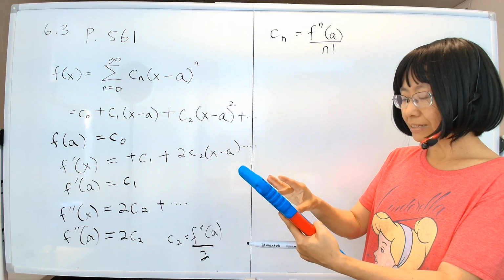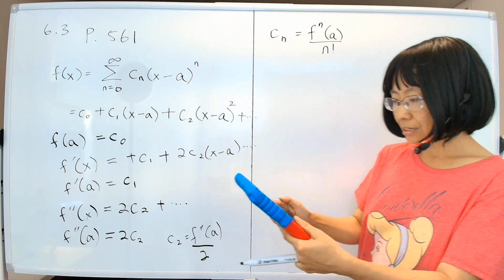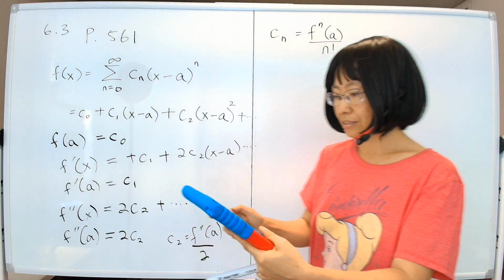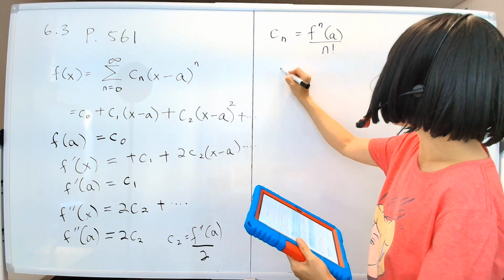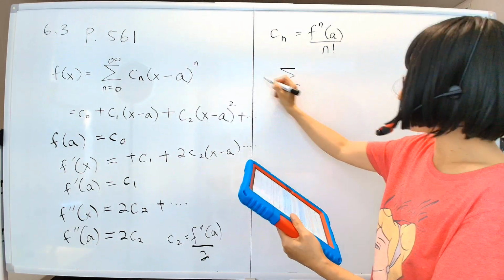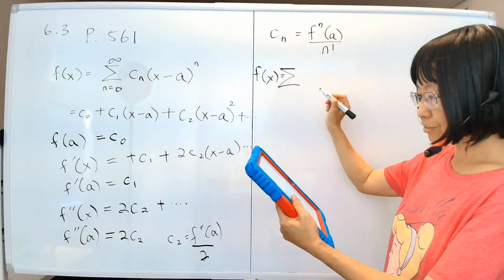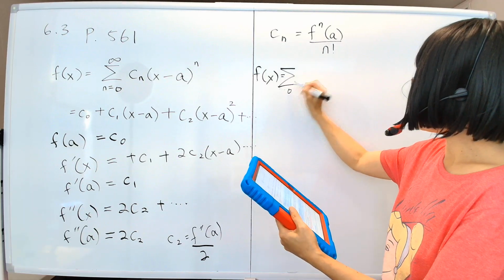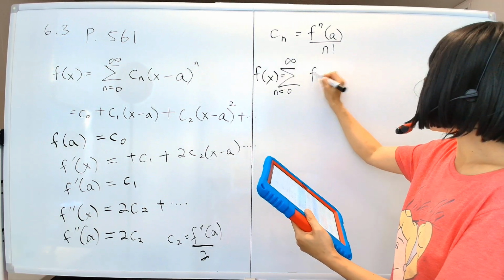So let's look at the next page where the definition is officially given. The Taylor series, we'll write it all out, is just the summation for f of x. The Taylor expansion is the sum from 0 to infinity of the nth derivative.